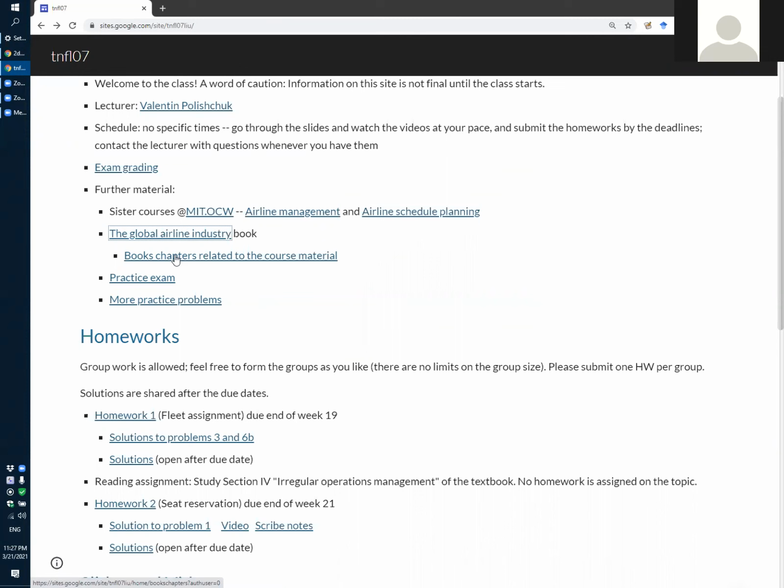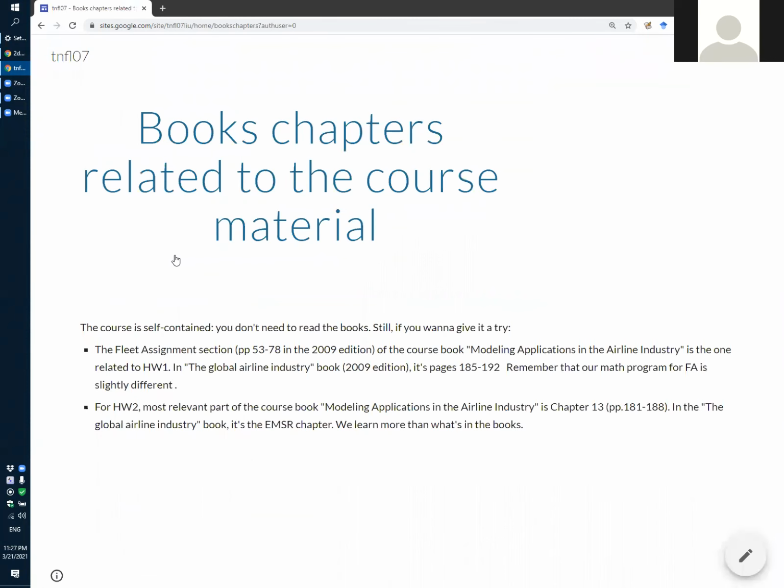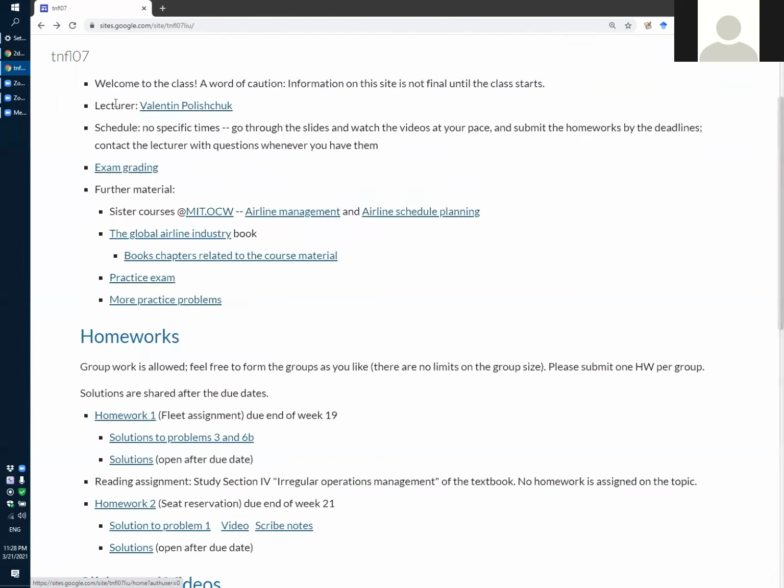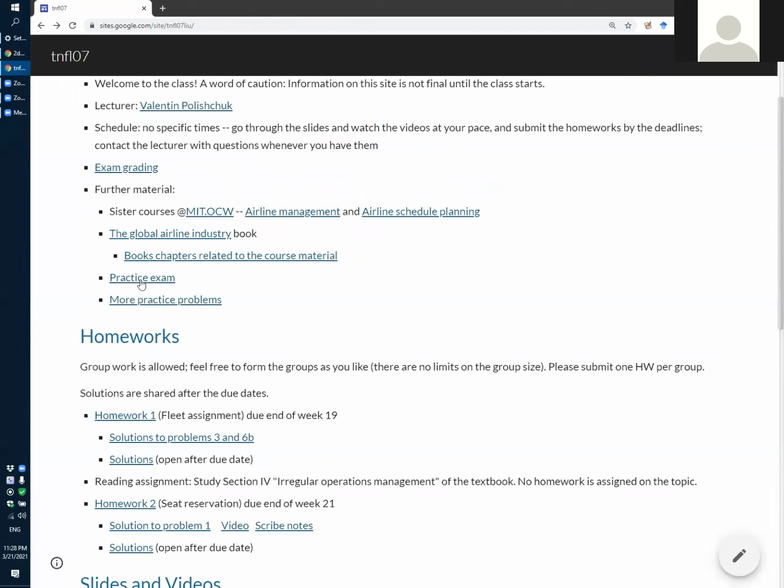Here I have the link to a web page where I prepared some bullets on what chapters in this book are specifically related to what we study, the fleet assignment and some other things. Those were the extra material that you can find elsewhere.